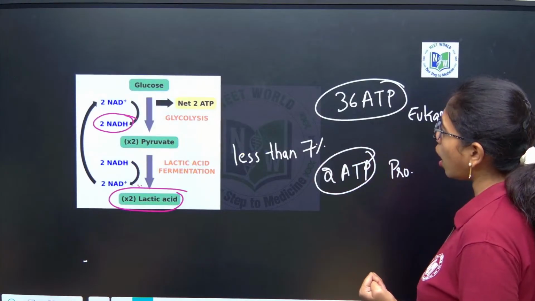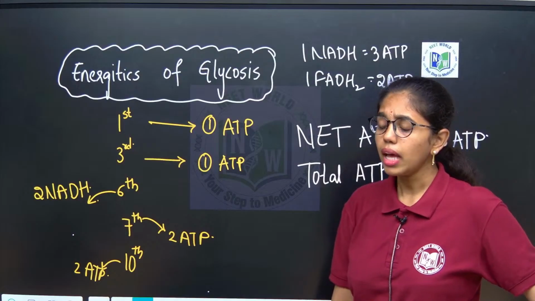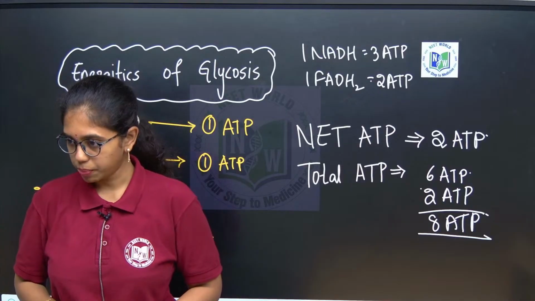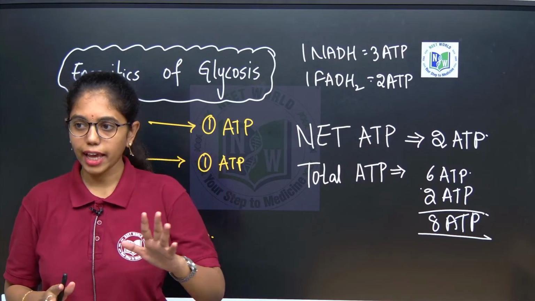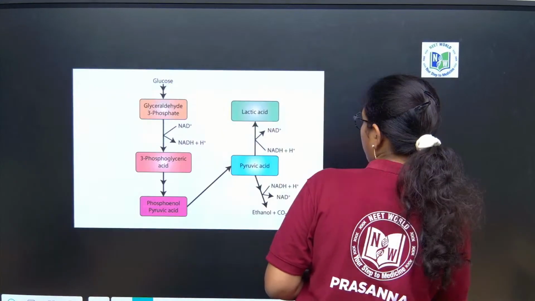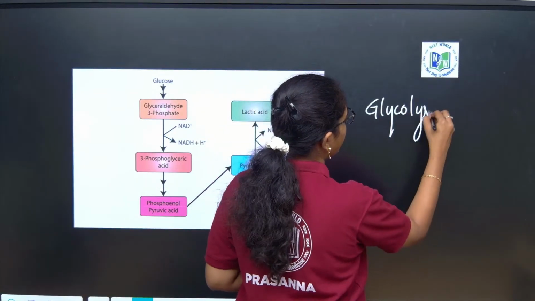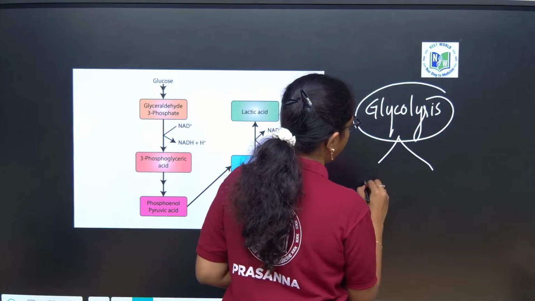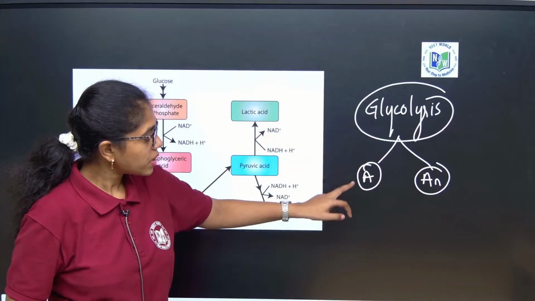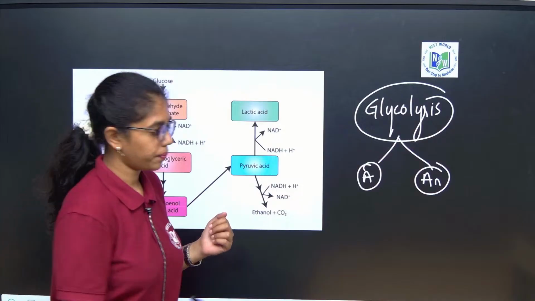So, this is all about glycolysis and anaerobic respiration. Any doubts anywhere? Okay. And there is one more question. In aerobic respiration and anaerobic respiration, glycolysis is common, we all know that. Glycolysis in aerobic respiration will give how much energy, total energy?